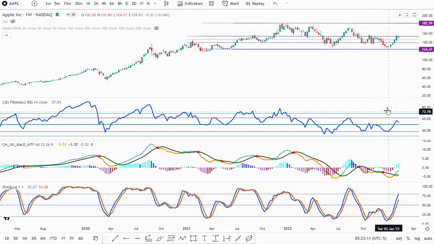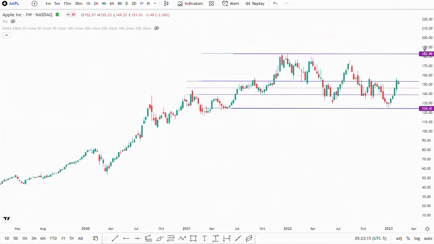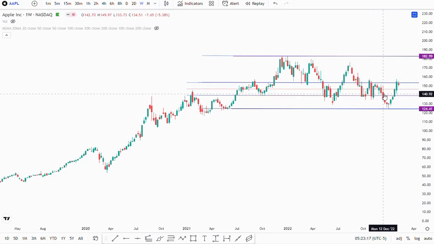Now, if we see lower prices, what would be the levels that we want to see fall below? This line right here, which is around 138, 139, is an important level. You want to see price fall below this level. If price falls below this level, odds would then increase for a retracement back to this level.